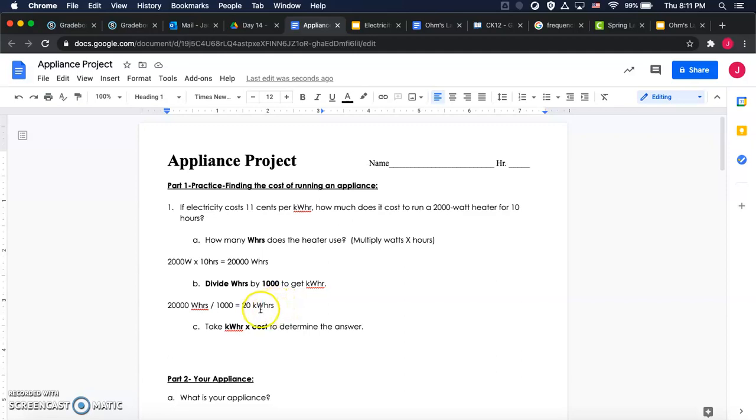Since this water heater used 20 kilowatt hours of energy, we're going to multiply it by 11 cents, because the electric company will charge you 11 cents for every kilowatt hour of energy you use. Take 20 kilowatt hours, then multiply that times 11 cents per kilowatt hour.